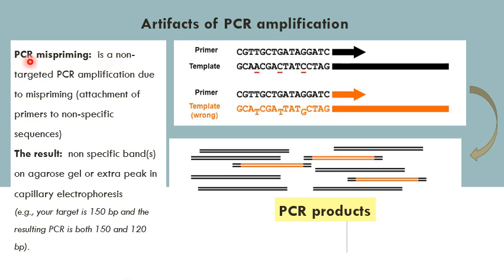But with mispriming, some sequences will be skipped and it will not align with your template, and therefore you will have non-specific bands, as you can see on the agarose gel. If you are running the traditional gel electrophoresis tanks, you will have extra bands, and they are non-specific, so you know that the primer has a non-specific binding site.